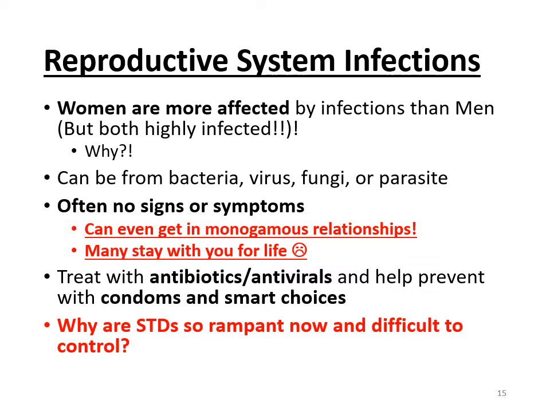So you can get these kinds of infections in monogamous relationships where you think, oh, just because I'm married, I'm safe. No, you're not, because you never know what other partners your partner had before you. So you can get infections even though you are in a monogamous relationship, because they were latent in your partner or they had them from previous partners. Also because everyone cheats as well.